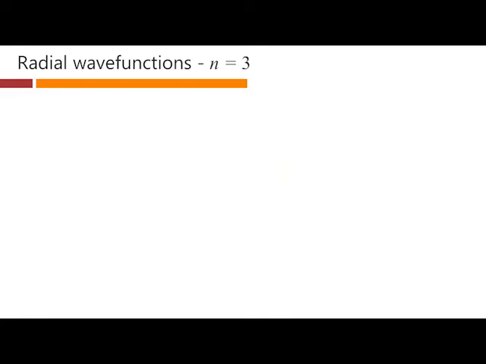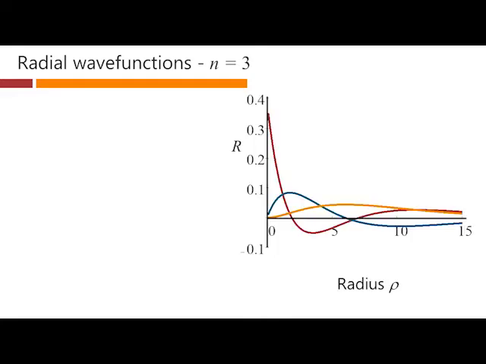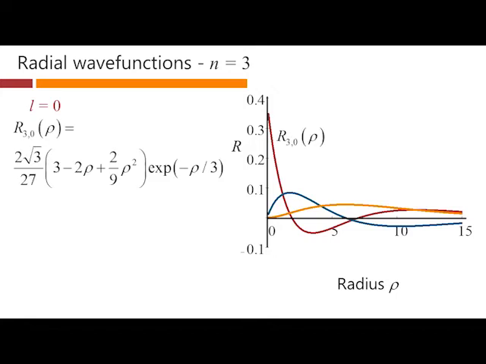For principal quantum number n equals 3, here are the various radial solutions. For L equals 0, the red solution, the function is this quadratic here times the exponential of minus rho over 3. So this is falling off even slower than the n equals 1 and n equals 2 states.